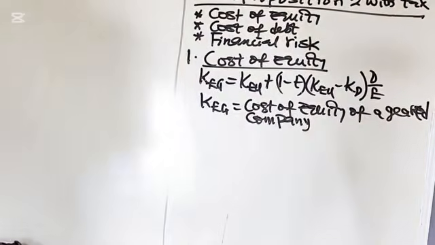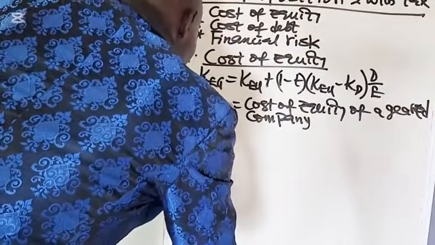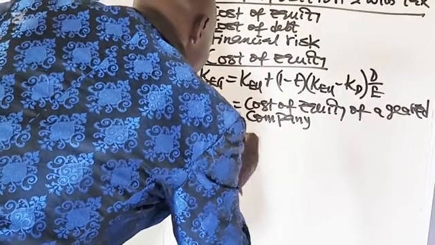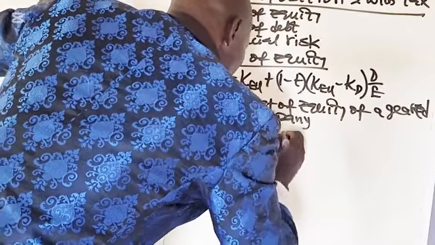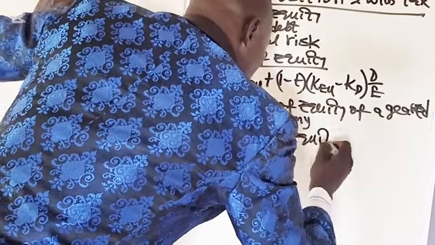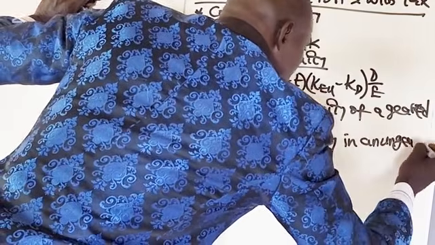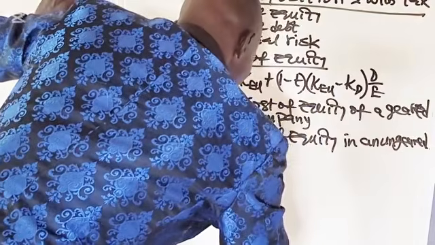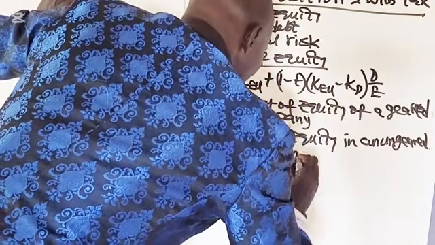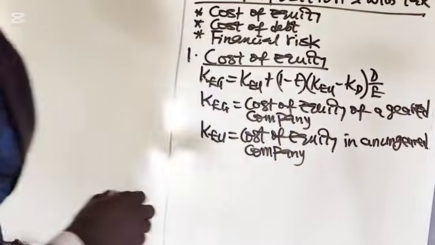Then the Ke, that is cost of equity in an ungeared company.